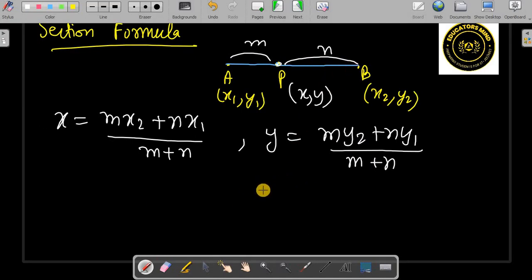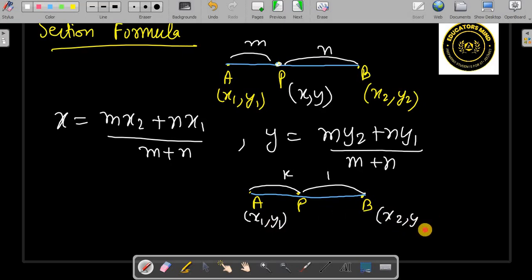If they are not given, let's say the ratio between A and B at this point P is k is to 1. This is the line joining them. The coordinates of A and B are given: this is x1, y1 and this is x2, y2.